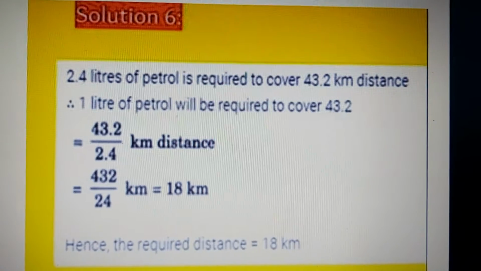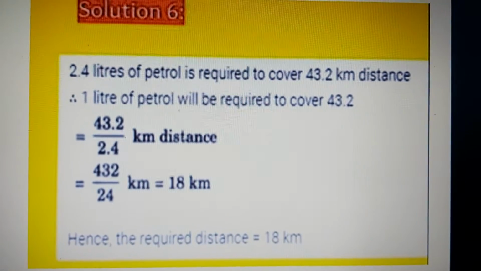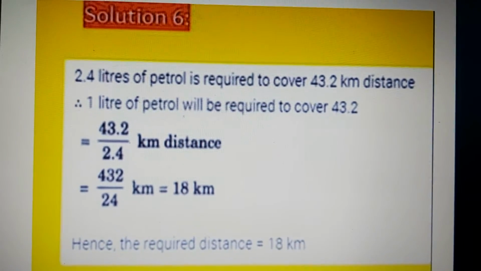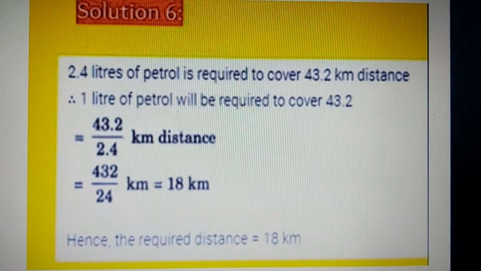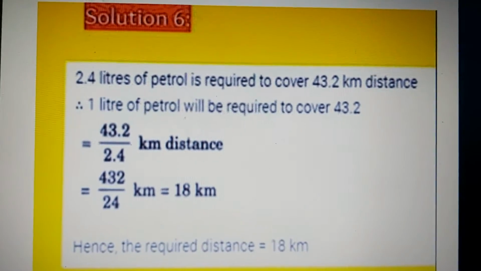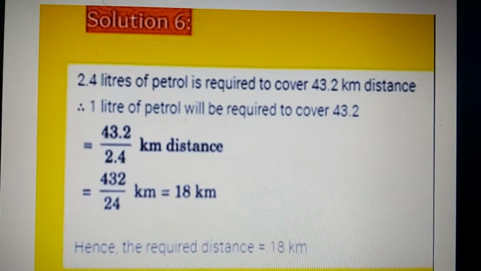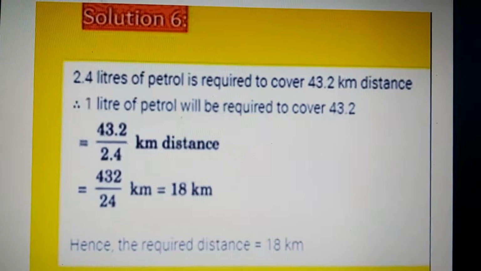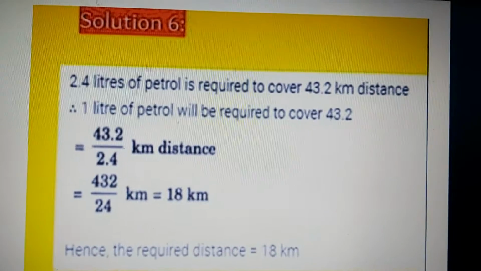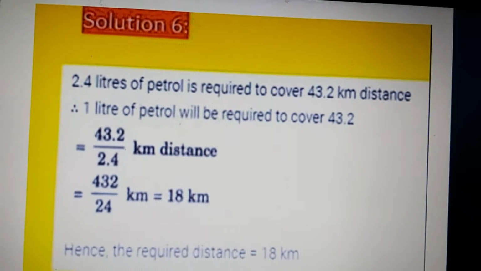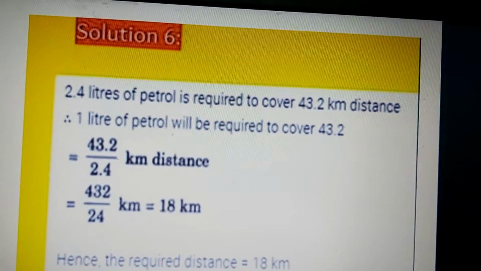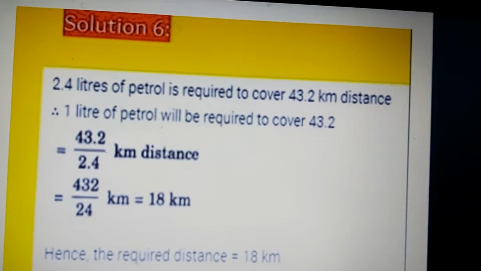So here we can write 43.2 divided by 2.4. Here we have to divide, and it is given in kilometer, so 432, here we have to remove the decimal point. So 432 divided by 24 kilometer. Here we can cancel 432 divided by the 24.